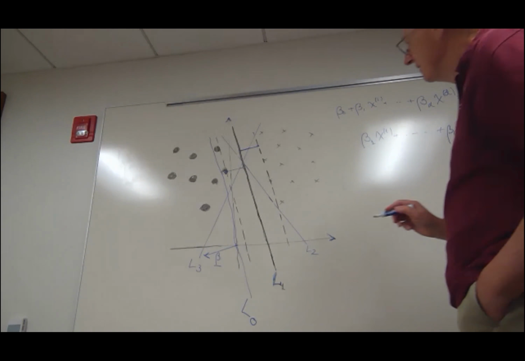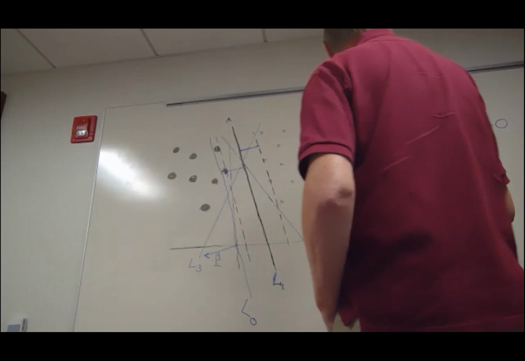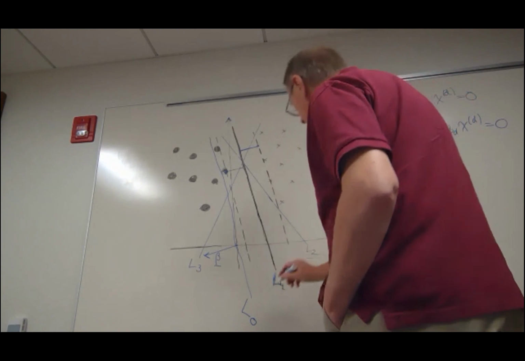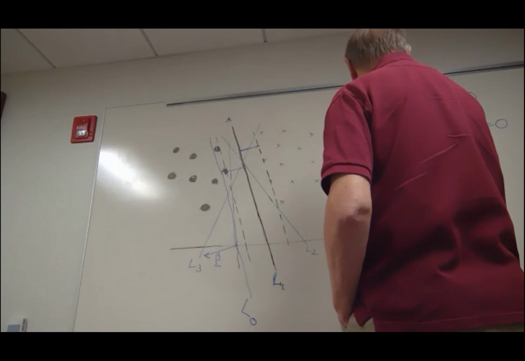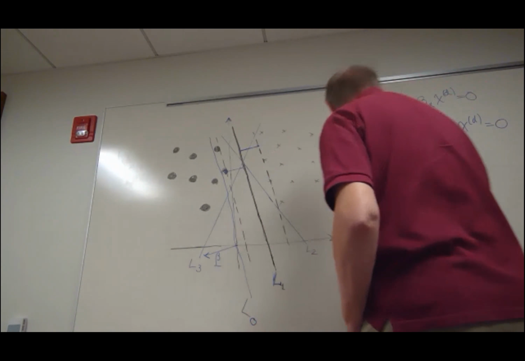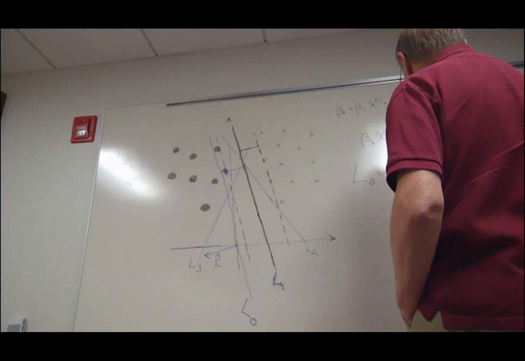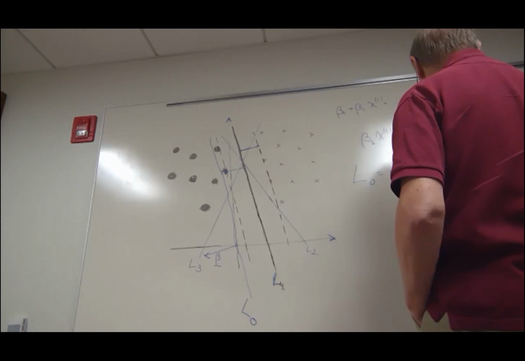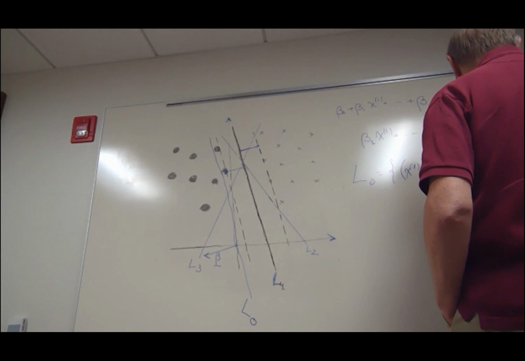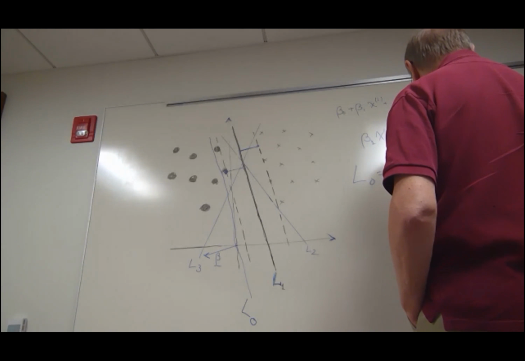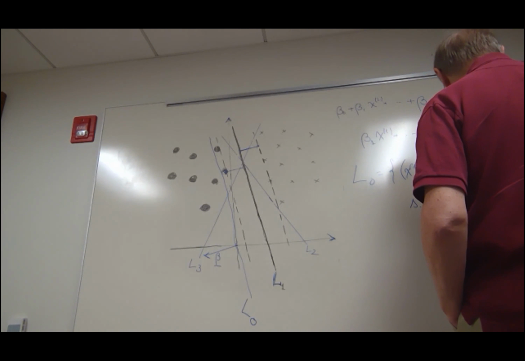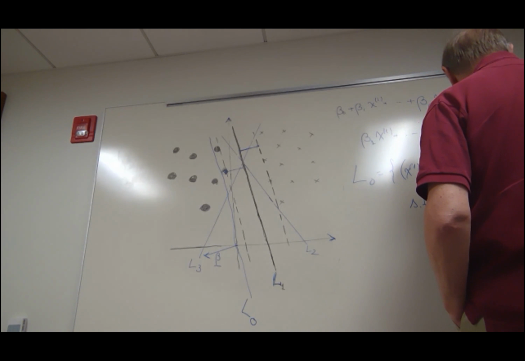And when I move this line, I'm just going to add some constant term to it. So I can simply say that this line L0 is the set of all points in R^d such that beta dot x is 0.